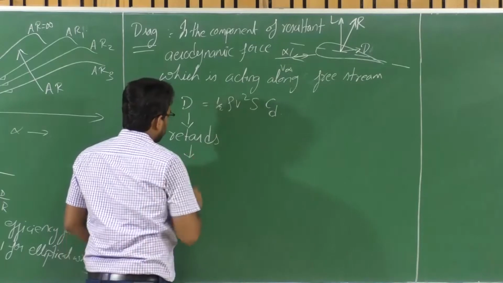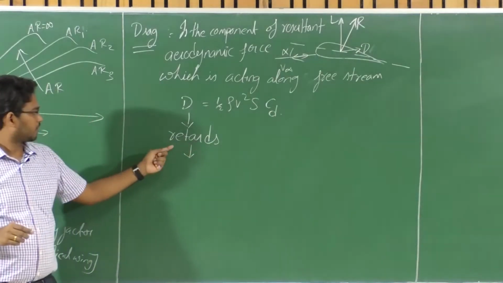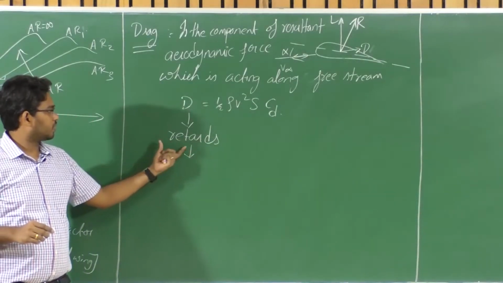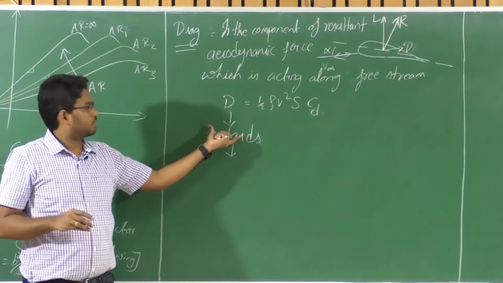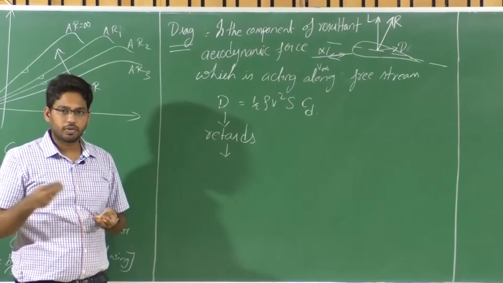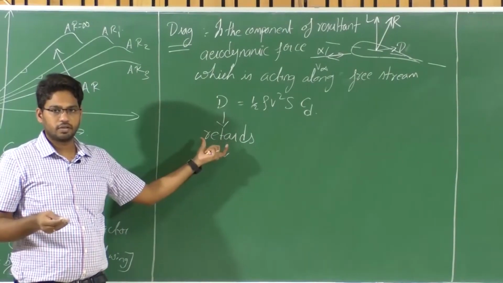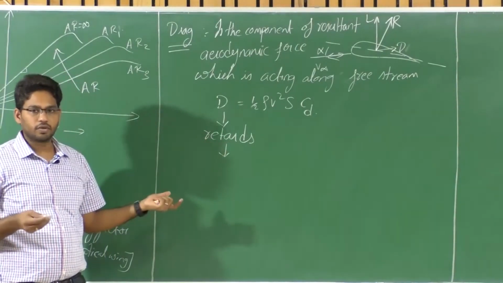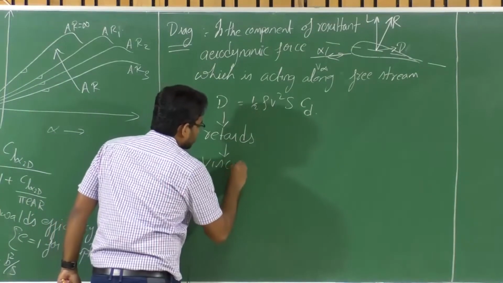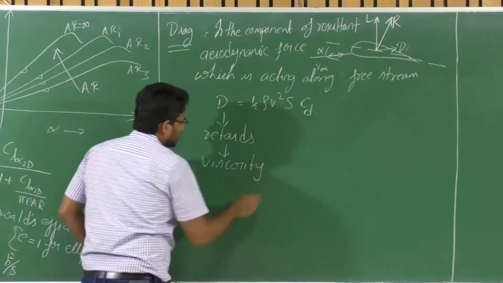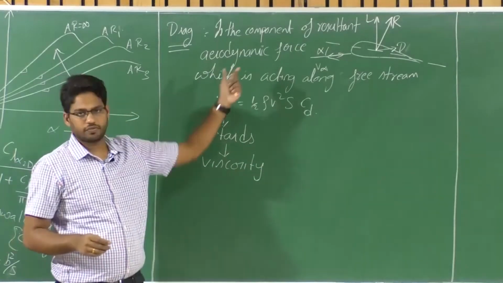So what do you remember as soon as somebody talks about retardation in a fluid? What is the property of the fluid that helps this to happen? Friction, fluid friction, right? The fluid friction is called viscosity. So viscosity is the major contributor for the drag.